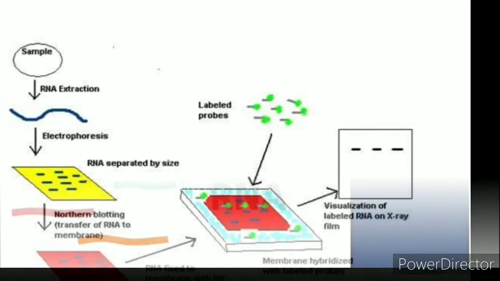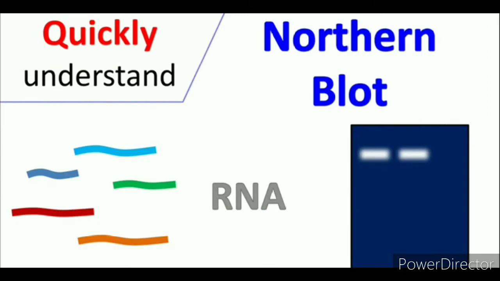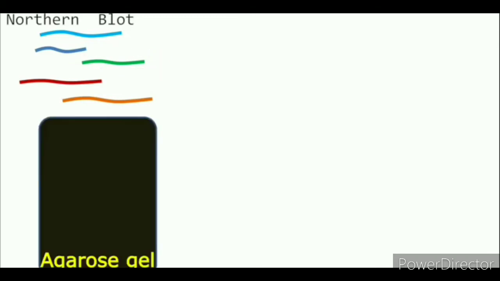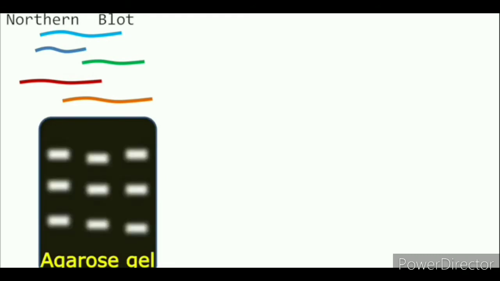Northern blot is a molecular biology technique used for the detection of specific RNA. In this technique, RNA is first isolated and separated by agarose gel electrophoresis. The RNA separated in the gel is transferred to the nylon membrane.